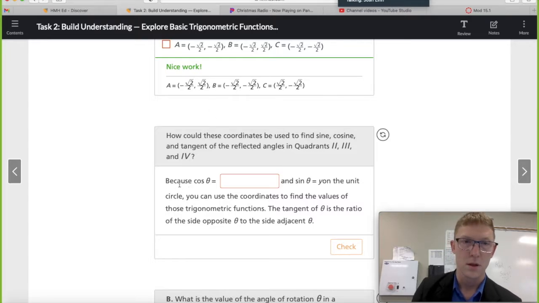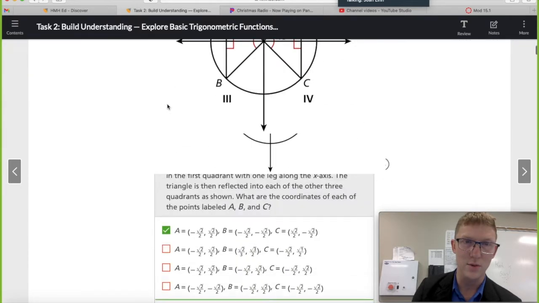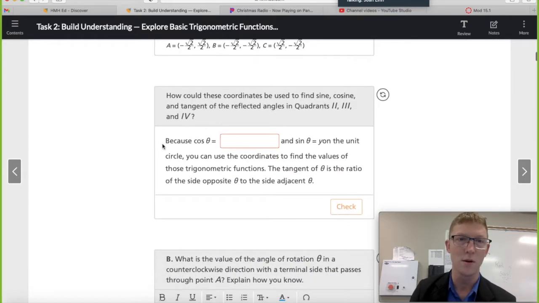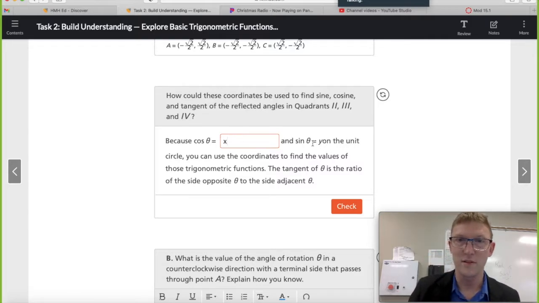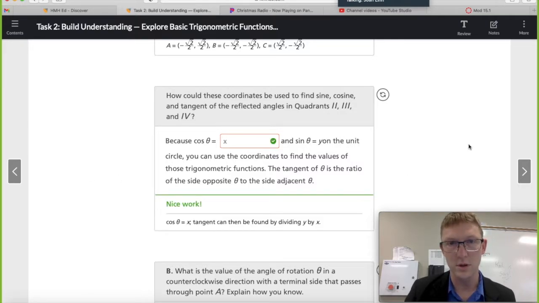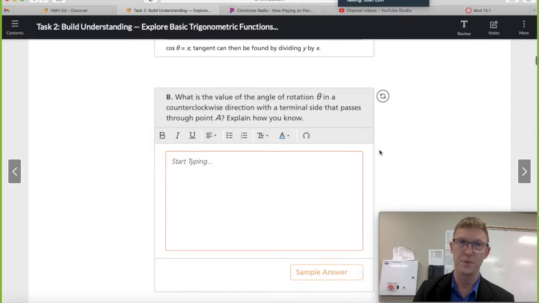And also, because of that relationship we just talked about in the previous screen, cosine of theta is equal to x, and sine theta is equal to y. They're missing a space here. On the unit circle, you can use those to figure out all of the sine, cosine, and all that good stuff.